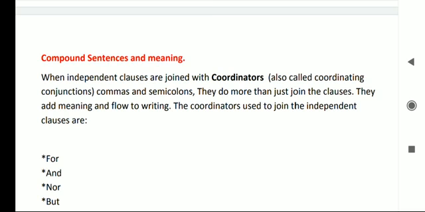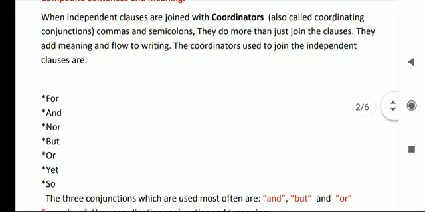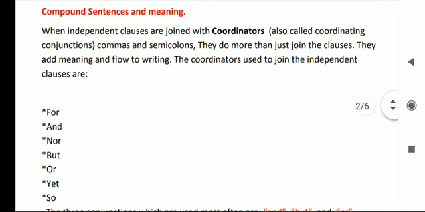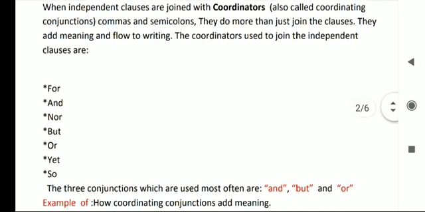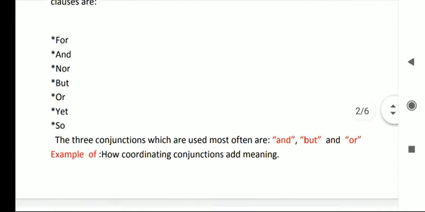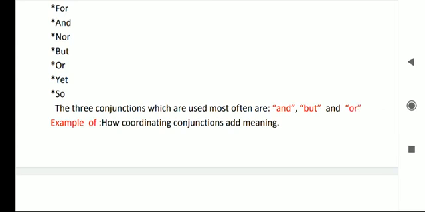The coordinators used to join the independent clauses, वो coordinators जो join करते हैं independent clauses को, are for, and, nor, but, or, yet, so, right? ये जो coordinators हैं यानी coordinating conjunctions हैं हमारे पास सात हैं. इनमें जो तीन हैं and, but, or, ये ज़्यादा इस्तेमाल होते हैं.